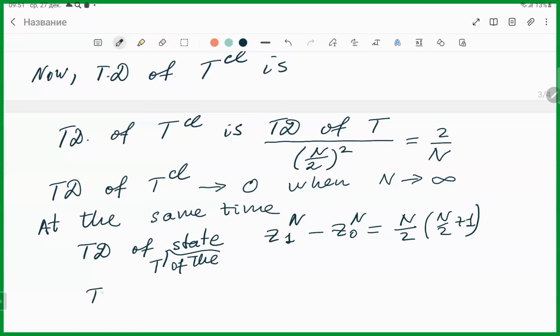And of course, total dispersion of T classical of this state is 1. That is not going to 0. It is clear.